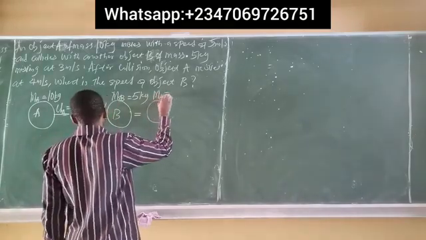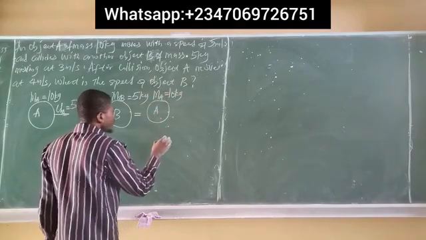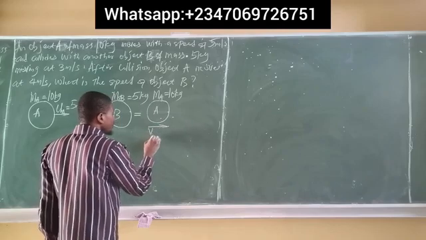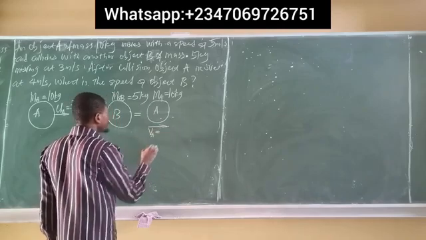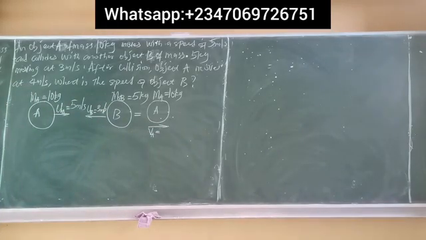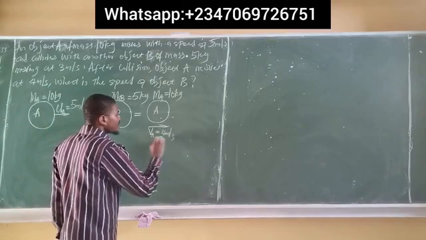Mass of A remains 10 kg. So this is object A, but now the speed will change. Object A will now move with a final speed VA, and it was stated that after collision, object A moves at 4 meters per second.